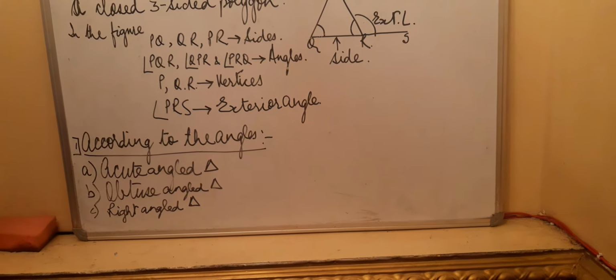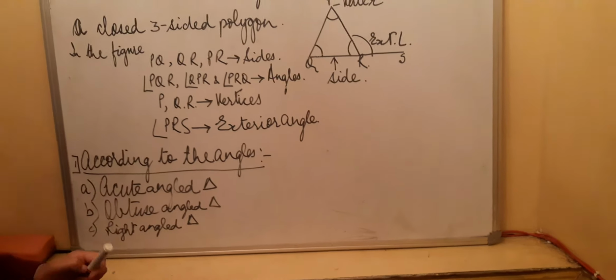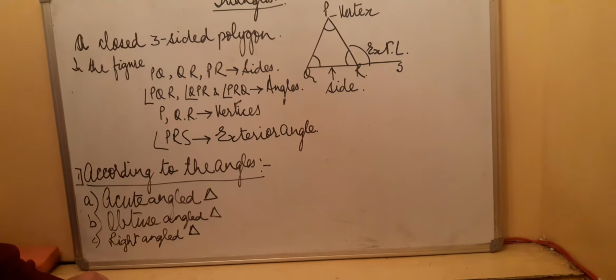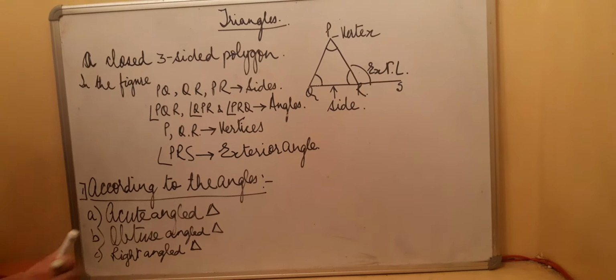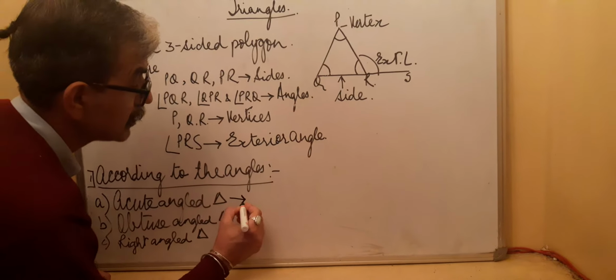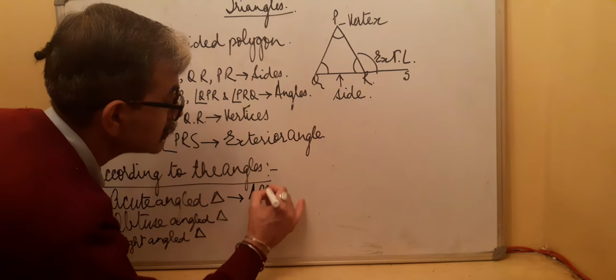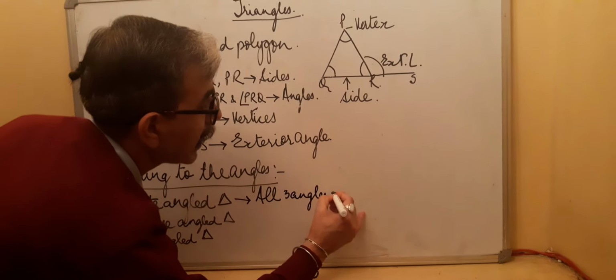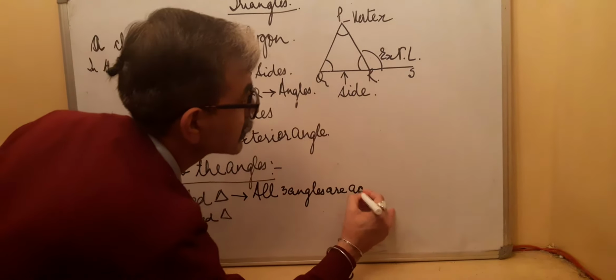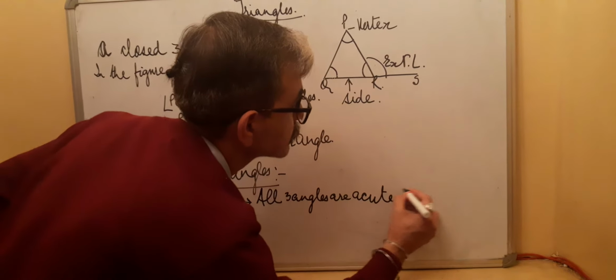Acute, as you all know, is an angle less than 90 degrees but greater than 0 degrees. So in an acute angle triangle, all three angles are acute, that is less than 90 degrees.